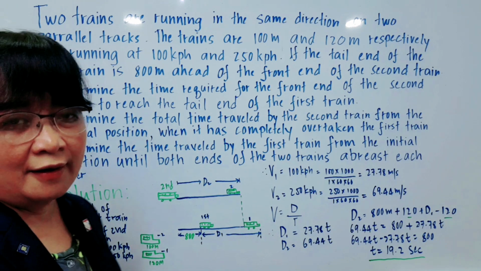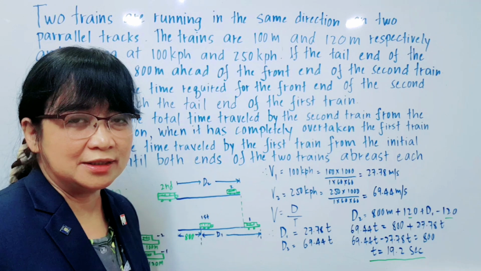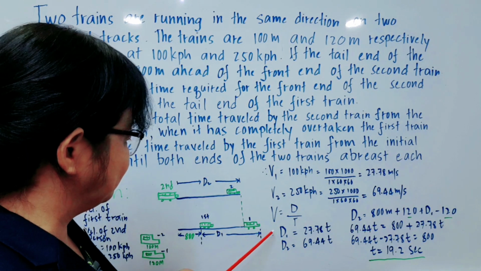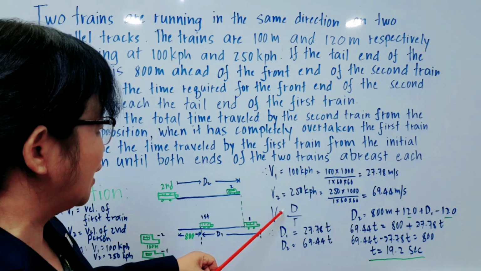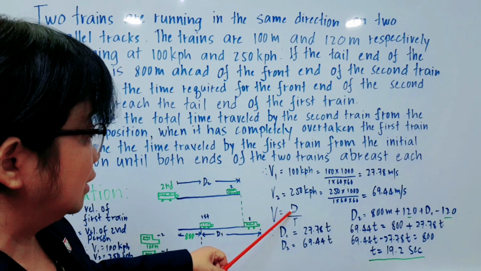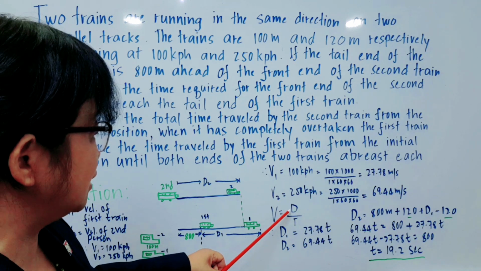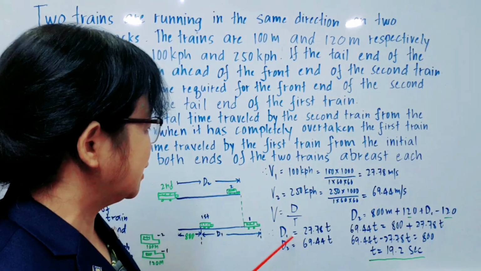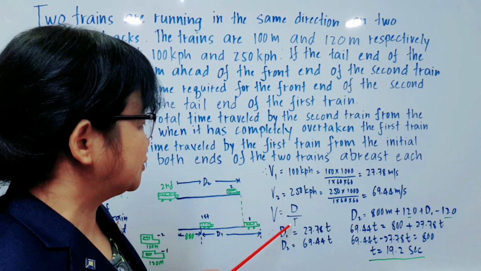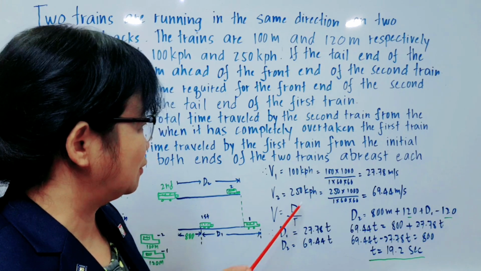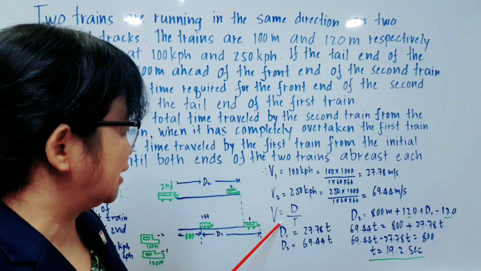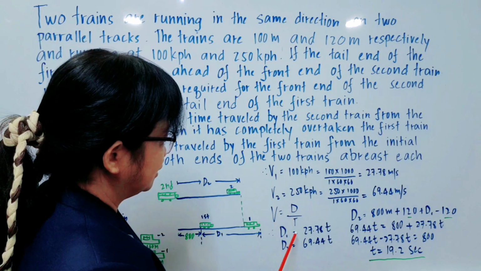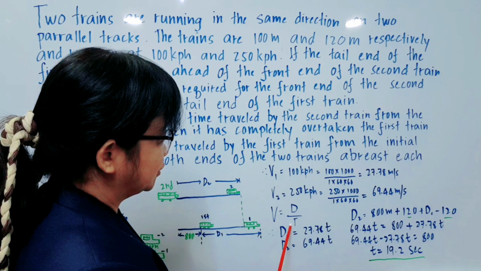Now, of course, velocity is equal to the distance over the time. Therefore, distance is equal to the velocity times the time. So here, we substitute the value of V1, which is equal to 27.78, multiplied by the time.